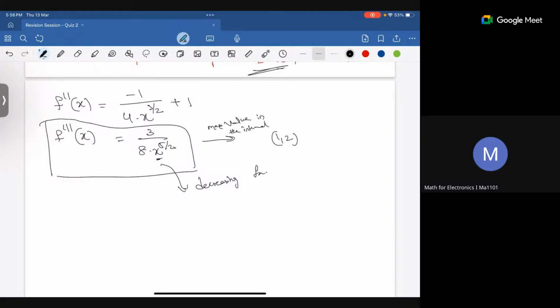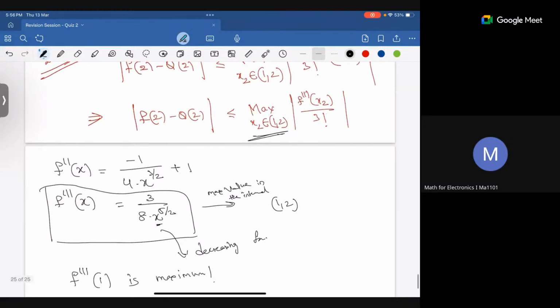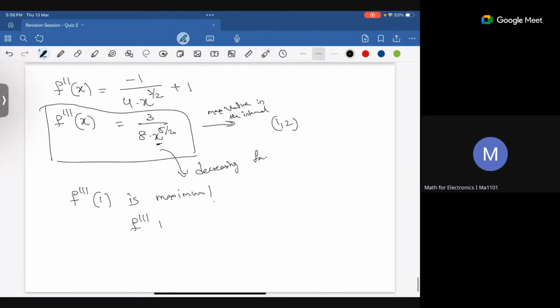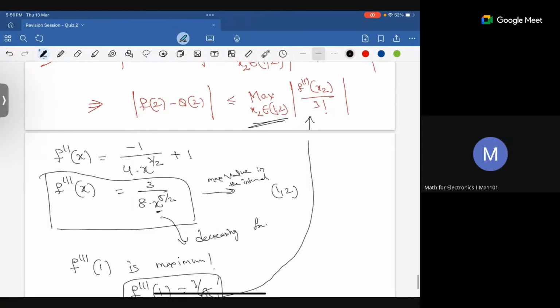Once you are convinced that this is a decreasing function, then f triple prime of 1 is the maximum, so our x2 will become 1, and f triple prime of 1 is actually 3 by 8. So you have to take this 3 by 8 and substitute it here. That will be an upper bound.